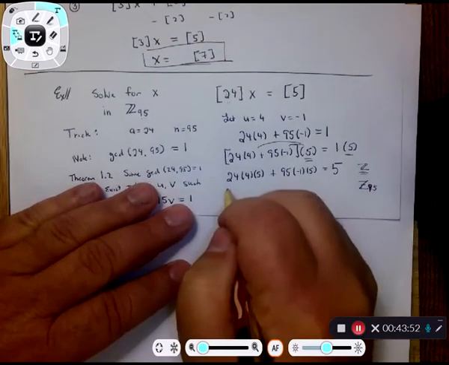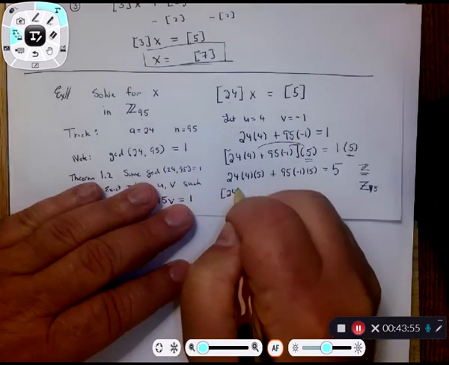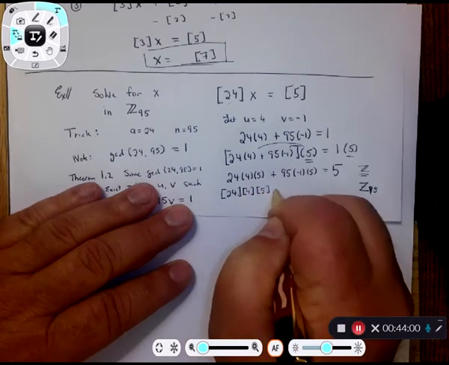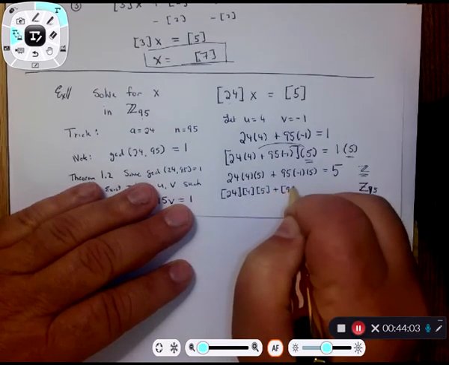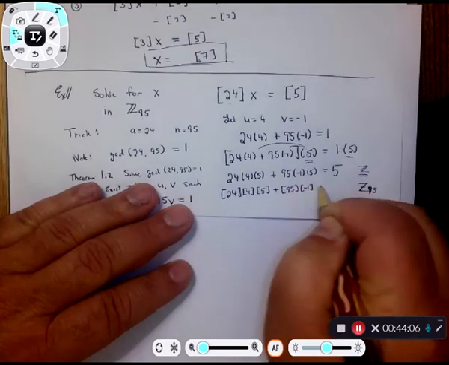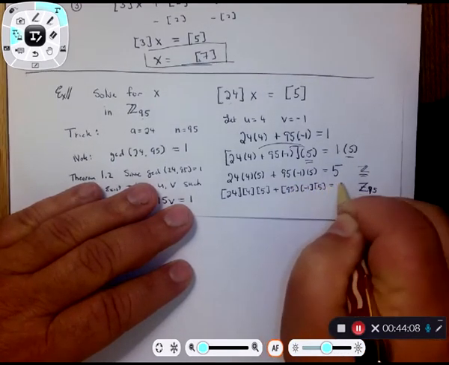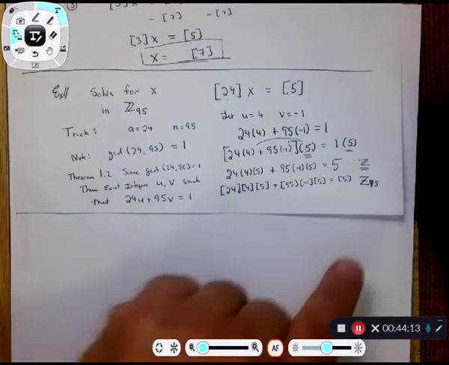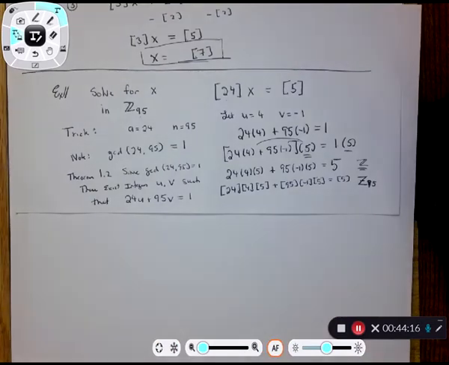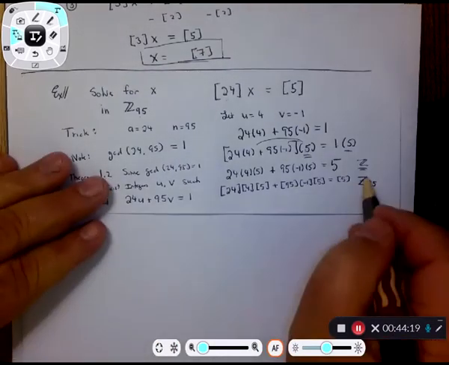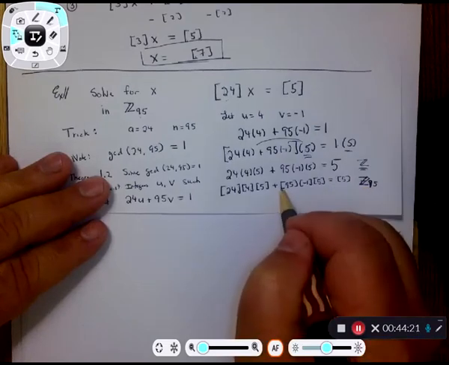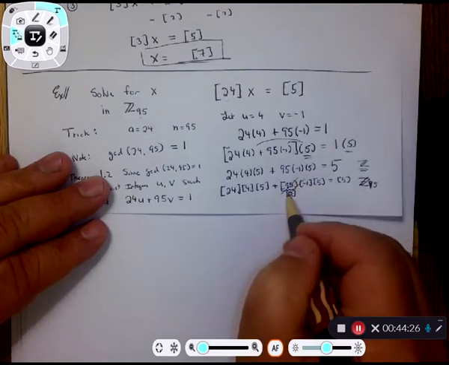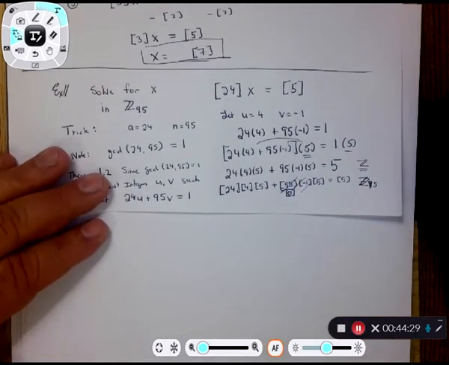So this would be equivalence class 24 times equivalence class 4 times equivalence class 5 plus equivalence class 95 times equivalence class -1 times equivalence class 5 is equal to equivalence class 5. All I did was put equivalence classes on all of these, and now I'm back in Z mod 95. Some of these numbers are way too big to be in Z mod 95. In Z mod 95, 95 is equivalent to the 0 equivalence class, so all that part goes away, and you end up getting your equation.